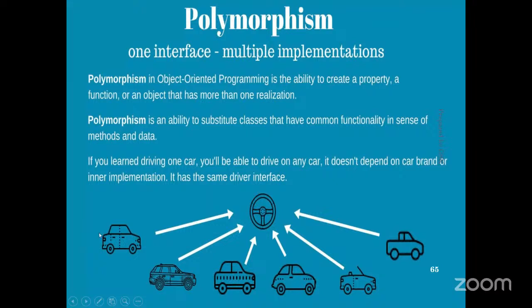The vehicle steering is the same, but the same steering may be used in different vehicles with different functionalities. So one object can show different actions, but the object is the same steering. So this is a real life example for understanding the concept of polymorphism.